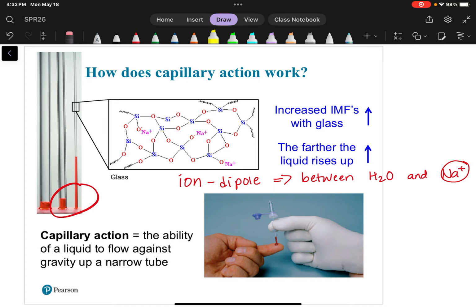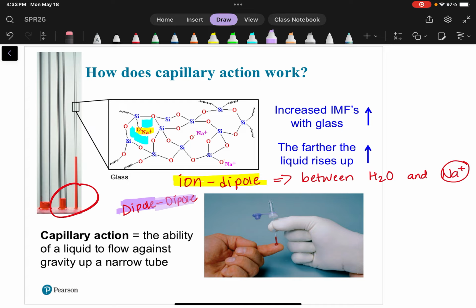There are also these polar bonds. Well, maybe we'll make those yellow. Just remember that there's water coming in contact with these things. And then maybe we'll do purple for dipole interactions.